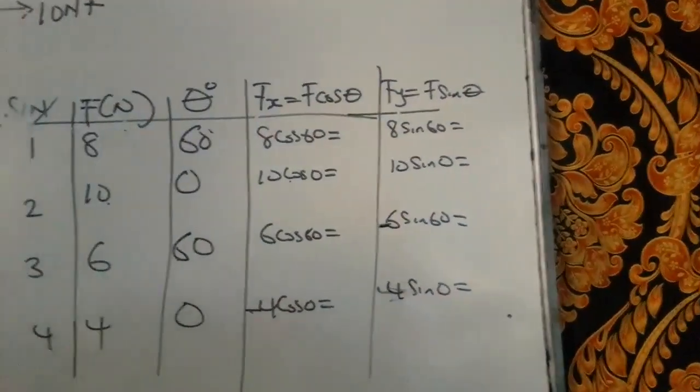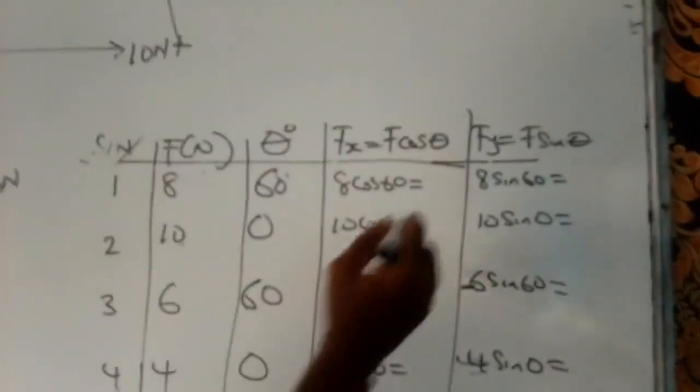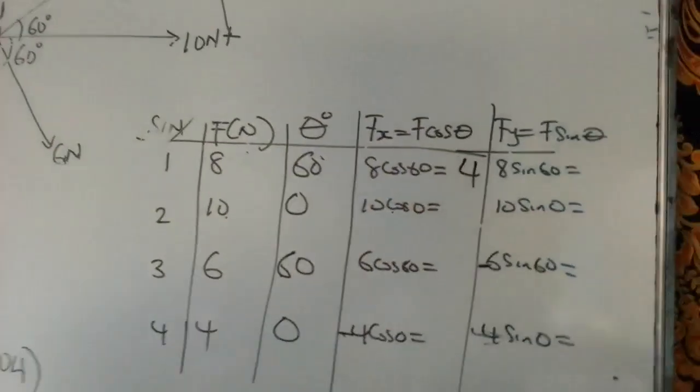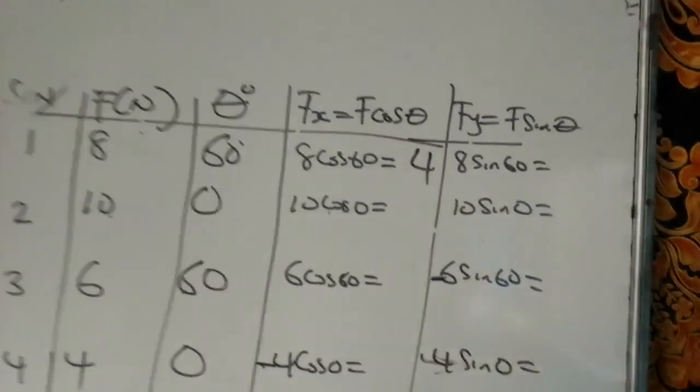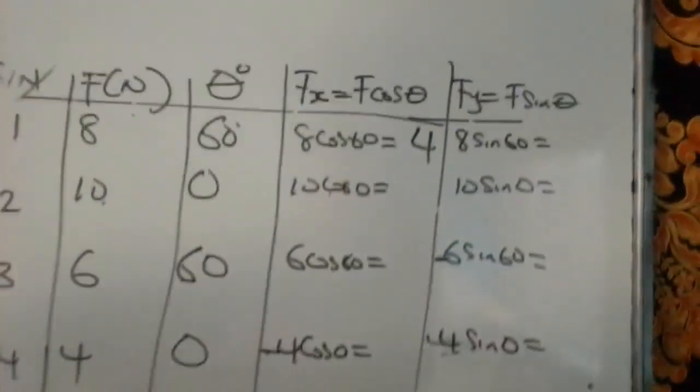So we'll now go and solve this. We'll now find 8 cos 60. 8 cos 60 will give us 4 because cos 60 is 0.5. 10 cos 0 will give us 10 because cos 0 is 1.